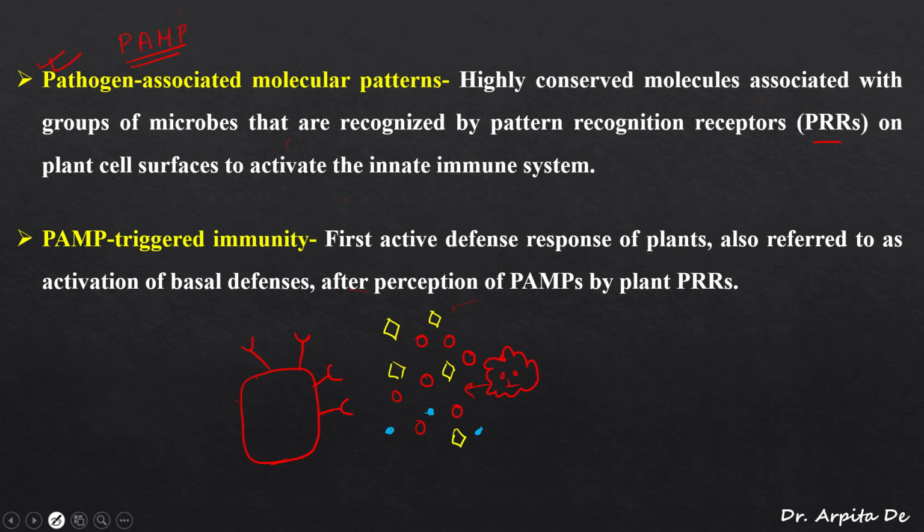This receptor is specific for this one. So what is the next step then? This is the plant cell with the receptor. The receptor will only bind to these red particles.